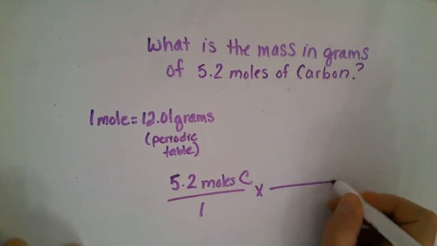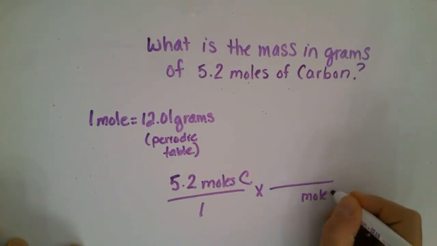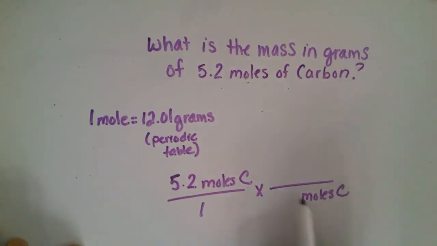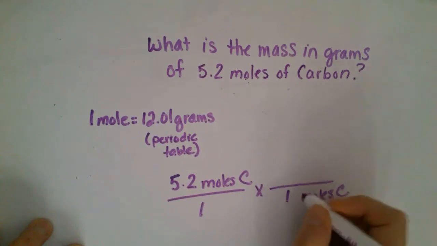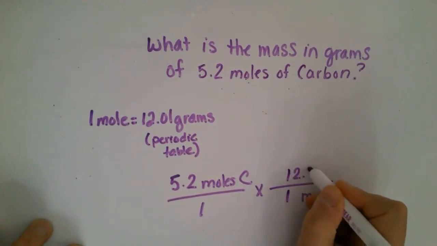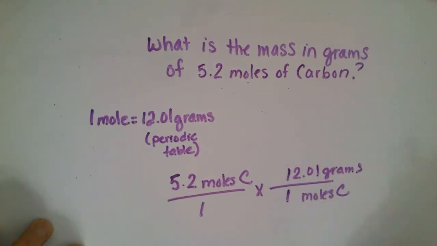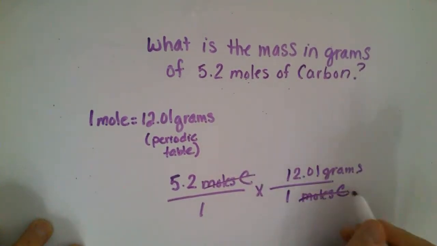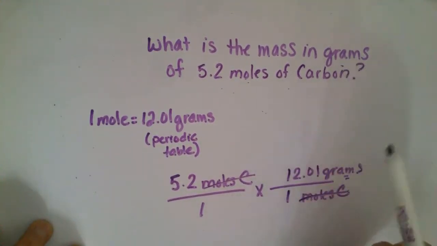Put it in your fraction. We need to have moles down here in order to cancel that out, right? And we know from up here that 1 mole of carbon equals 12.01 grams. So we can cancel the moles out. Now let's just double check. The only unit left is grams, and that's the unit that the question asked for.